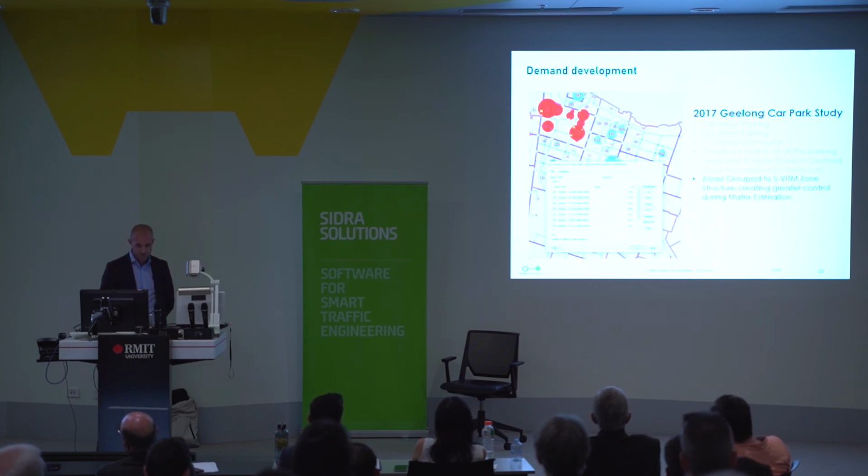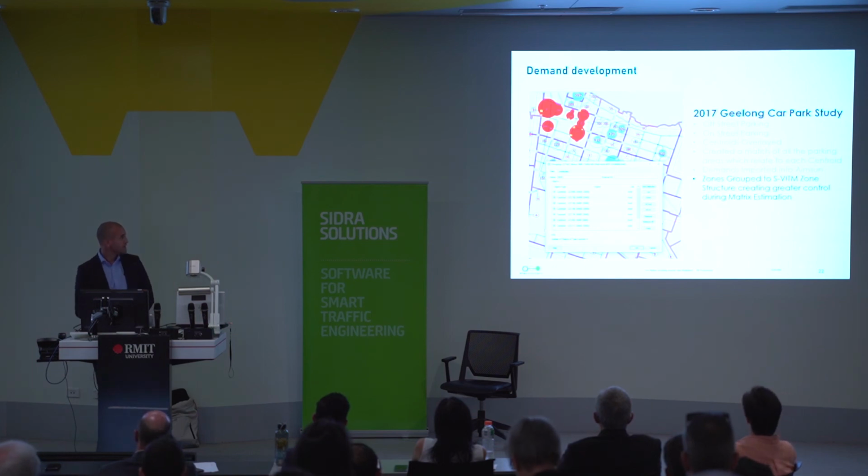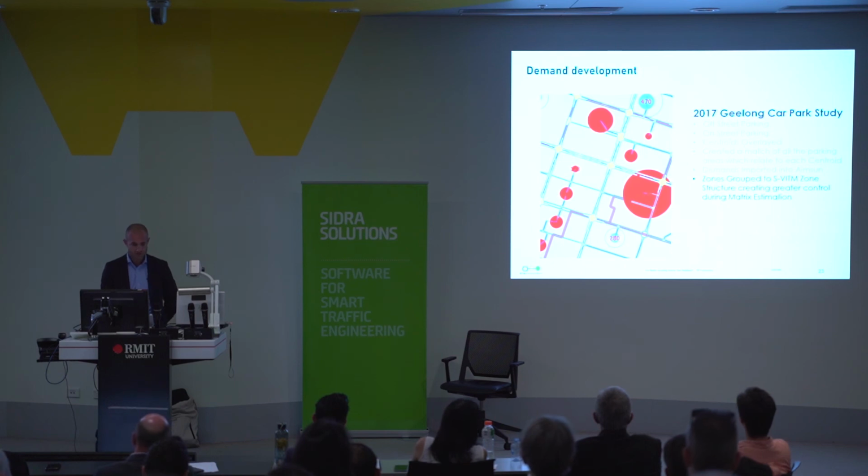But we also referenced the statewide strategic model, and we created a greater structure in terms of not only the model, but certainly where the demands were travelling to and from. And then we were able to refine that in a little bit more detail.